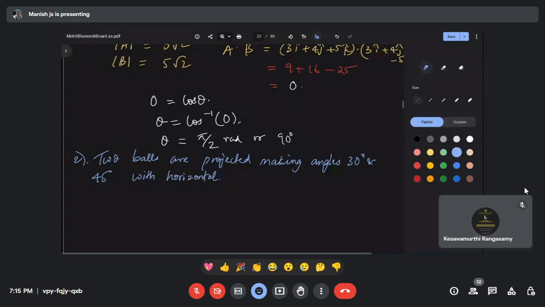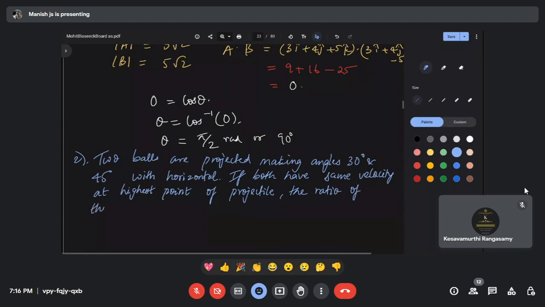If both have the same velocity at the highest point of projectile, the ratio of their horizontal ranges is?